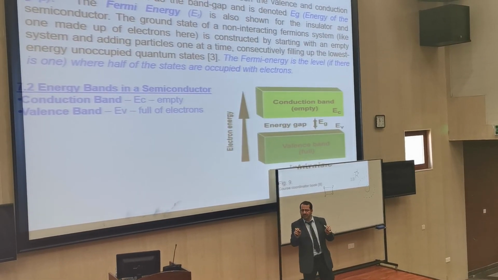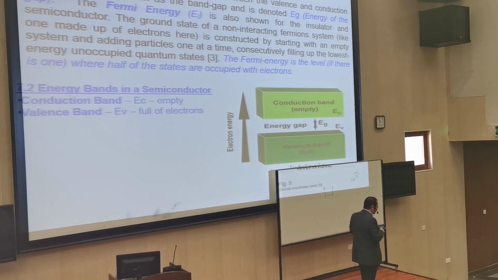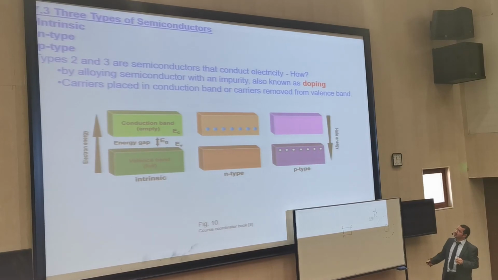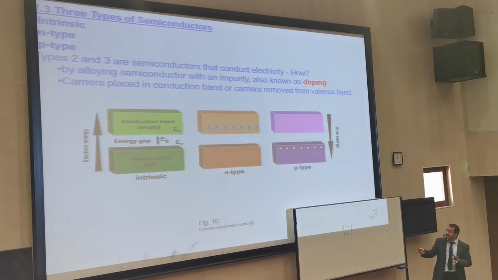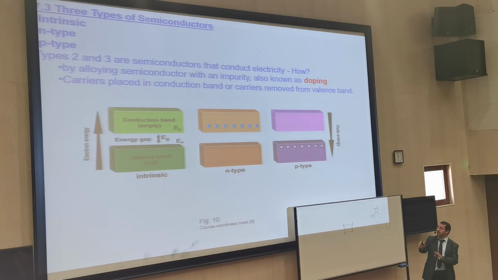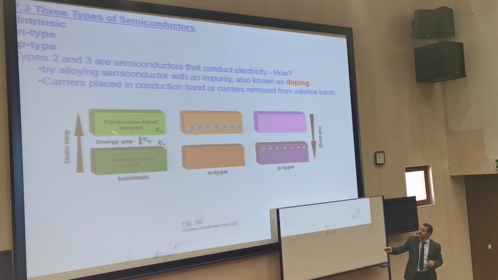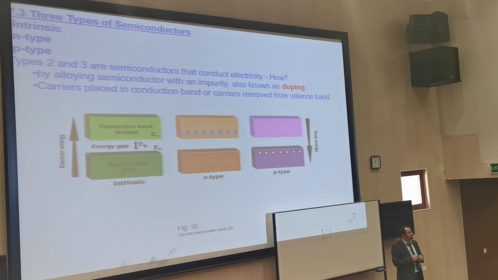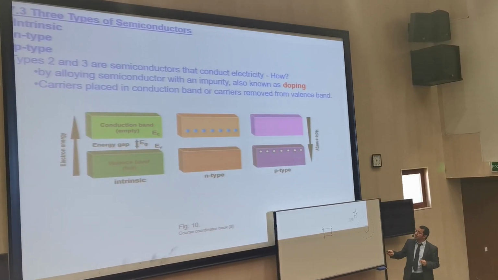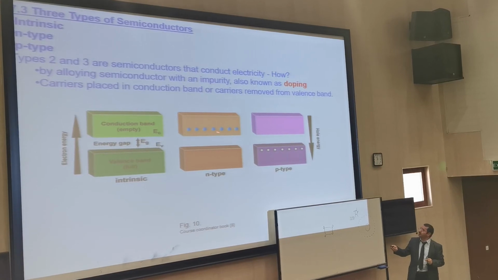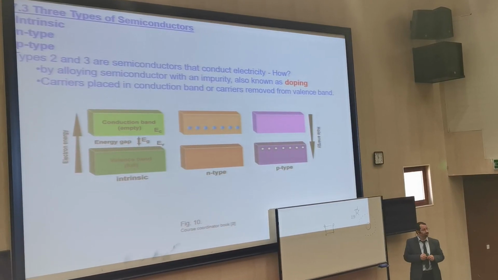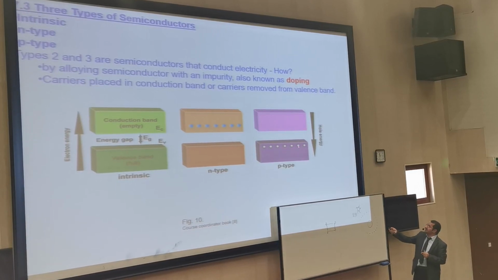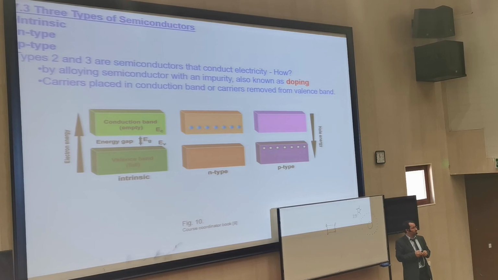We will put some impurities inside, computerized in the lab. It will happen in the lab. Now, before the impurities, this is the intrinsic, which is the pure, no impurities. The conduction band is empty or mostly empty, and this is the gap, and this is the valence band. But either we are going to put impurities which produce electrons here with negative charge, or holes here with positive charge.